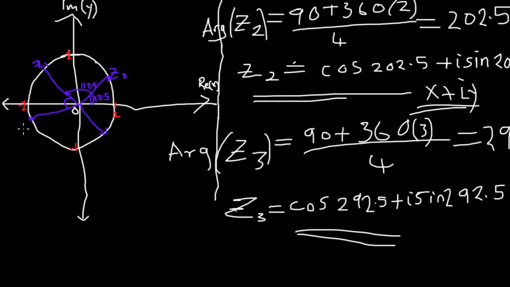This is Z2, and this is Z3. So I'm going to subtract 202.5 from 292.5, which also gives you 90. This is awesome. So this one is also 90 degrees.